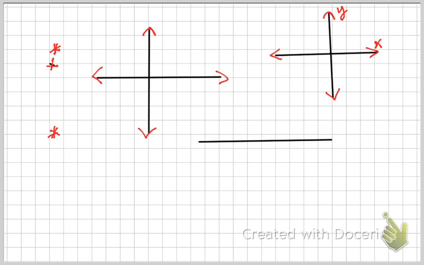Because we count them. So if I need to find 2, 1, I'm going to count 1, 2 across and 1 up. Just writing those numbers is really going to cloud it up.